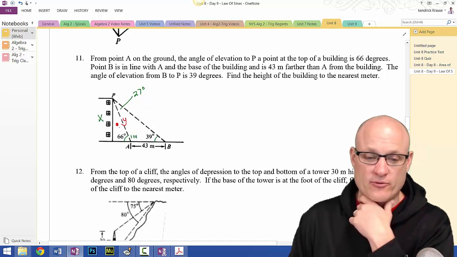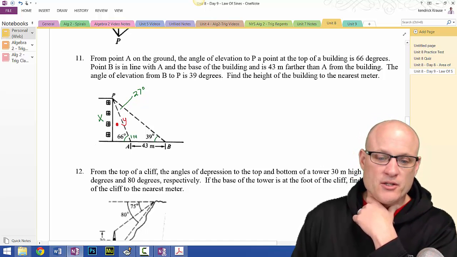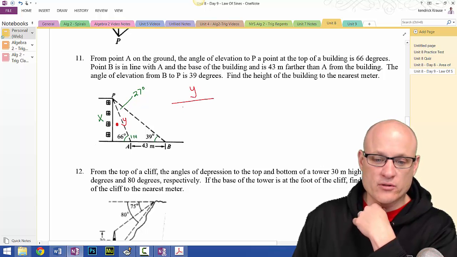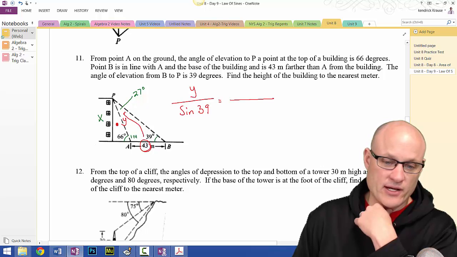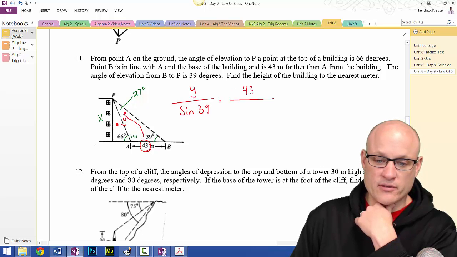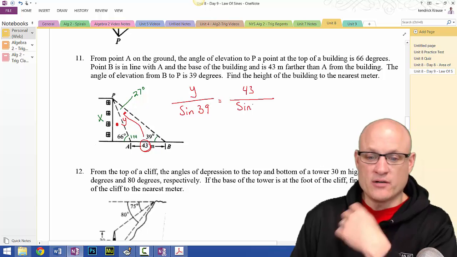So let's see. Y is opposite the sine of 39. So y over the sine of 39 equals, and the only thing I have is this 43 opposite of this sine of 27. 43 over the sine of 27.